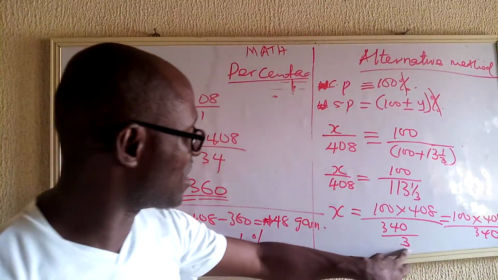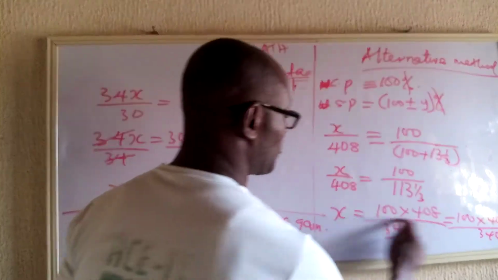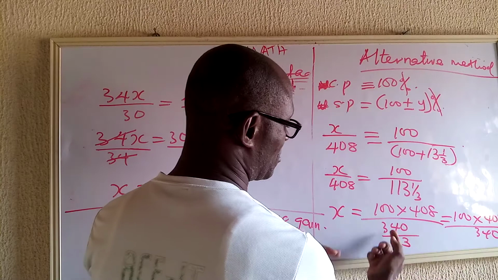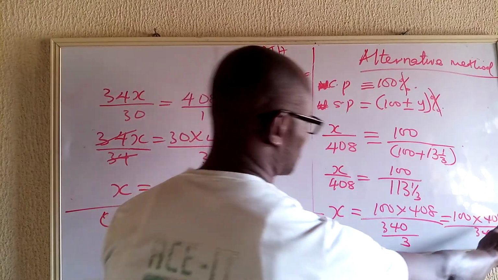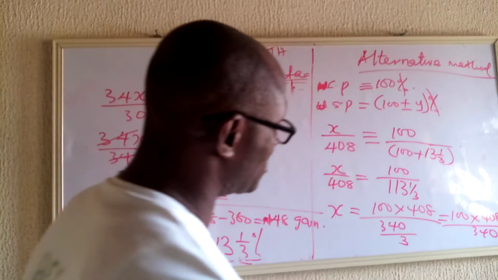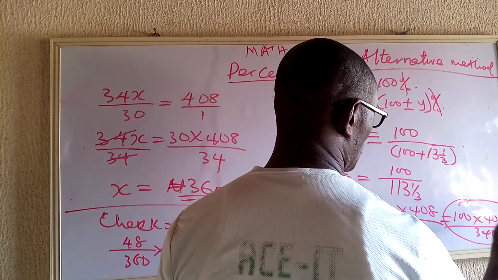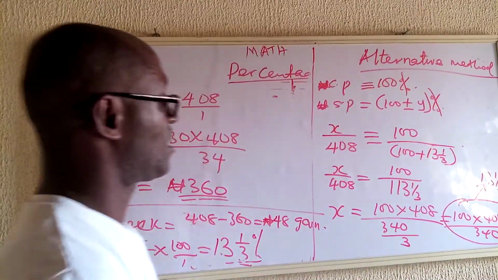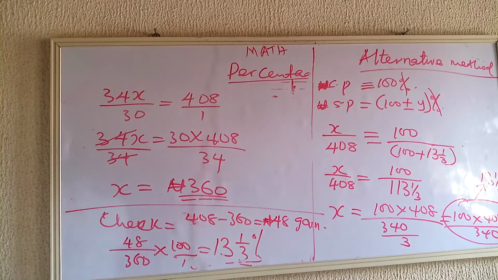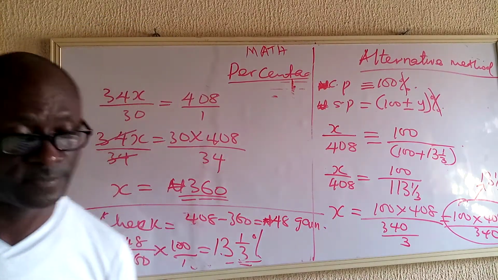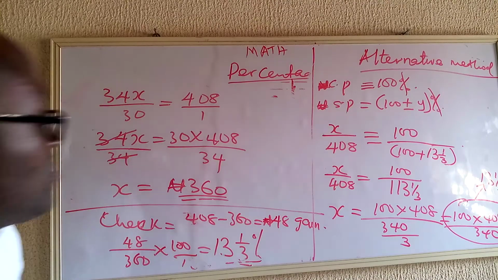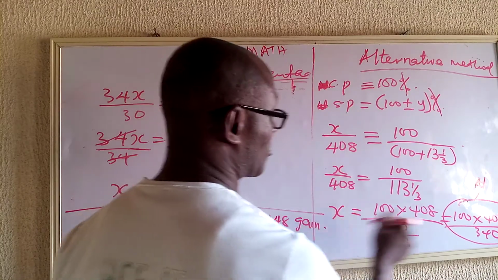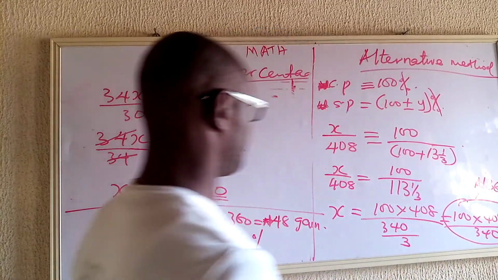I hope you understand why this 3 comes up, because this division line divided by 340 over 3, division will change to multiplication, then 3 over 340. So by the time you do that, sorry, rather it will give you 360. Because x is the cost price, 360, which we got here.